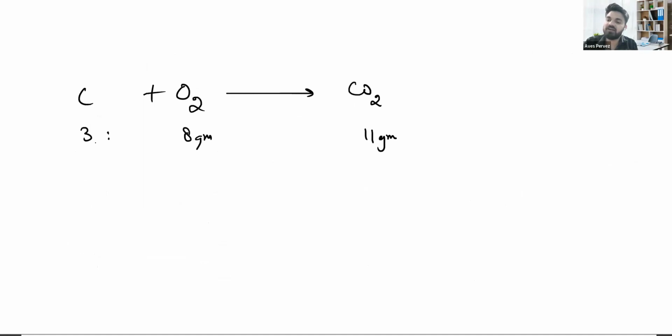If I have C plus O2 gives you CO2, and the simplest ratio is given, that is 3:8:11. It is not necessary that it is given in grams, it may be in kg also.